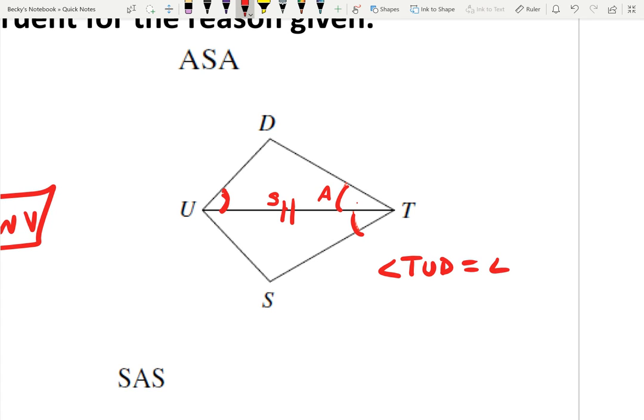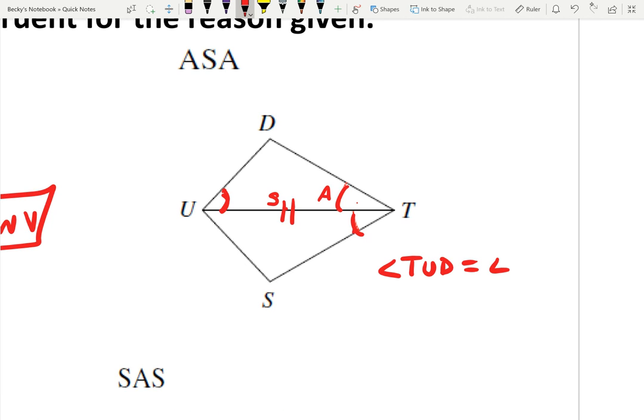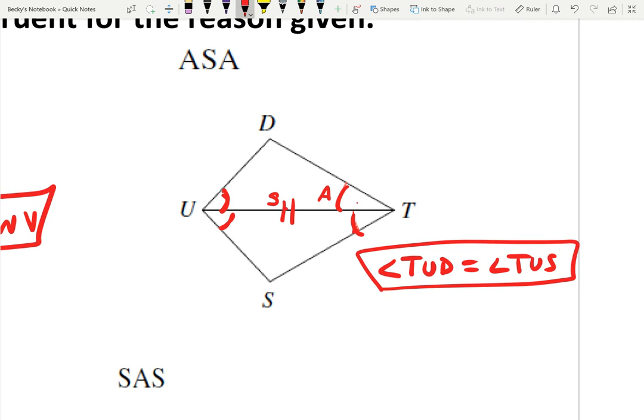Okay, second triangle. Down at the bottom, I have an angle, I have this side, I need another angle, and that's this right here. Let's use 3 letters, S-U-T or T-U-S. It's your choice. So this is what you would need to make ASA work. ASA.